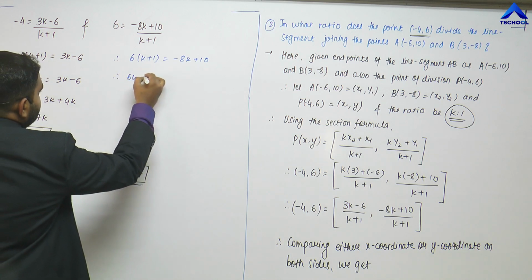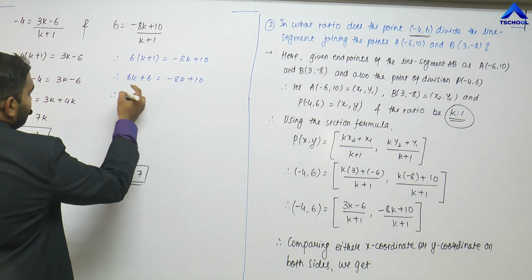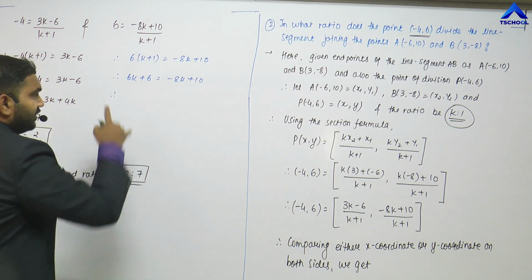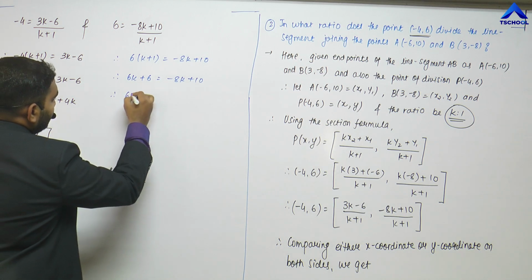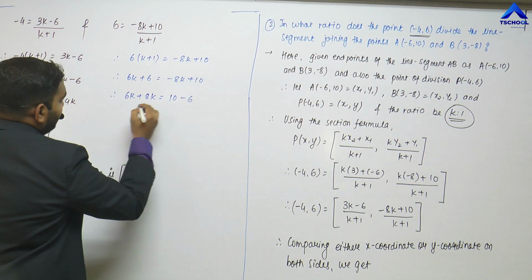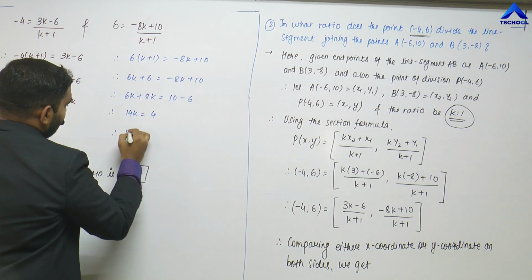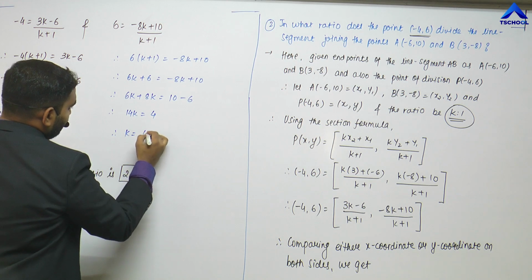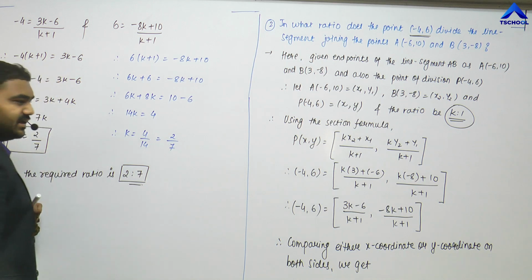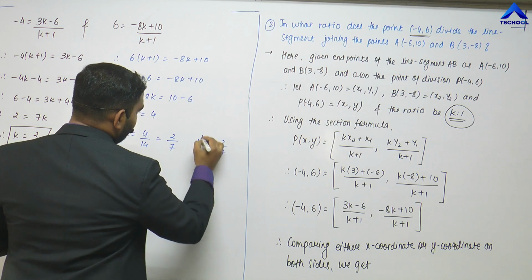Therefore 6k + 6 is equal to -8k + 10. Let us take 8k here and 6 on the other side. Therefore 6k + 8k equals 10 - 6. Therefore 14k equals 4, and hence k equals 4/14, cancelling out 2, that is 2/7. So here also we get k equals 2/7.